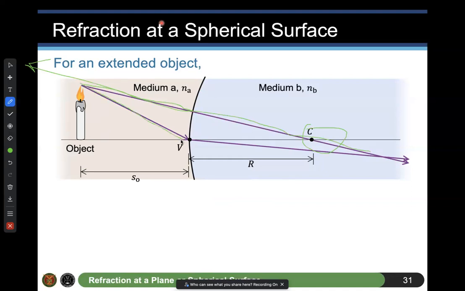Dun naman sa vertex, kung reflection, law of reflection, magre-reflect symmetrically. Kung refraction, it will be bend away from the normal. So ito yung normal natin. So it will bend away from the normal and therefore, dito siya ngayon dadaan. Kung saan sila mag-intersect, nandun yung image form.